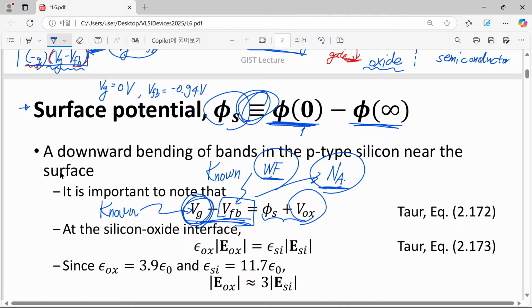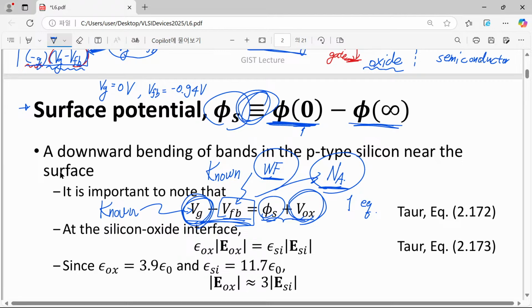Both quantities are not known to us, so we have no idea what phi s and V ox are. But the point is, this is only one single equation, and we want to know how many unknown variables there are. There are phi sub s, the surface potential, and the oxide potential.